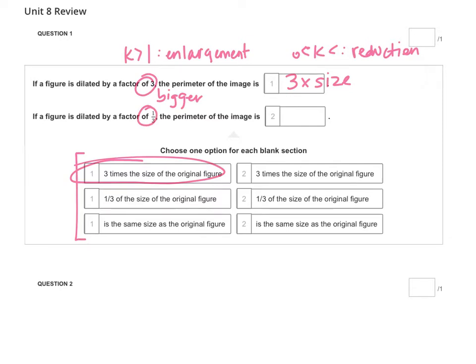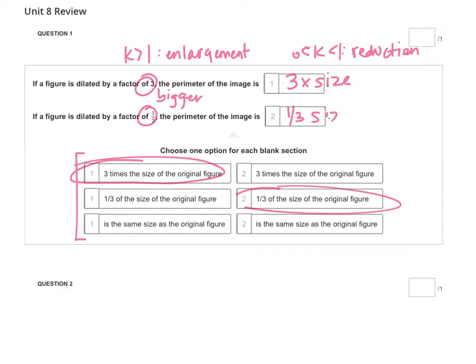So again, 1/3, whenever you have a scale factor that's between 0 and 1, you are going to be making your image smaller, so you are reducing it by that scale factor, that fraction right there. So your image will be 1/3 the size of the original figure.